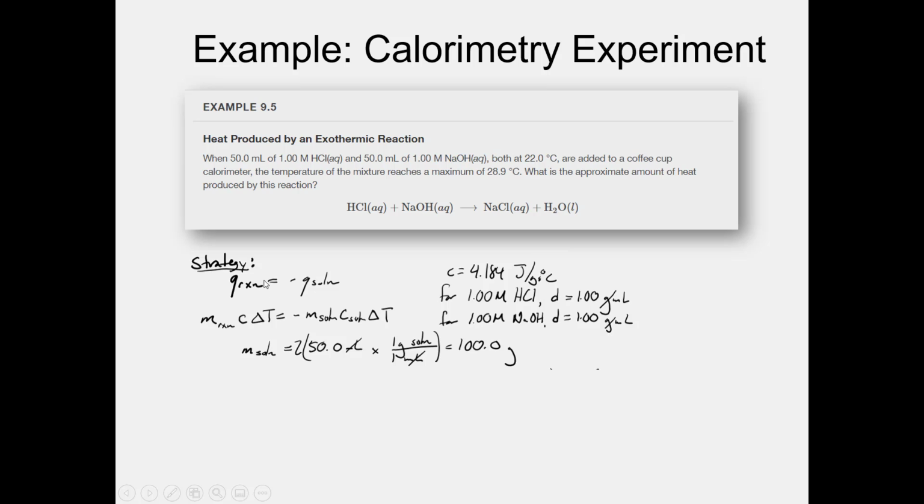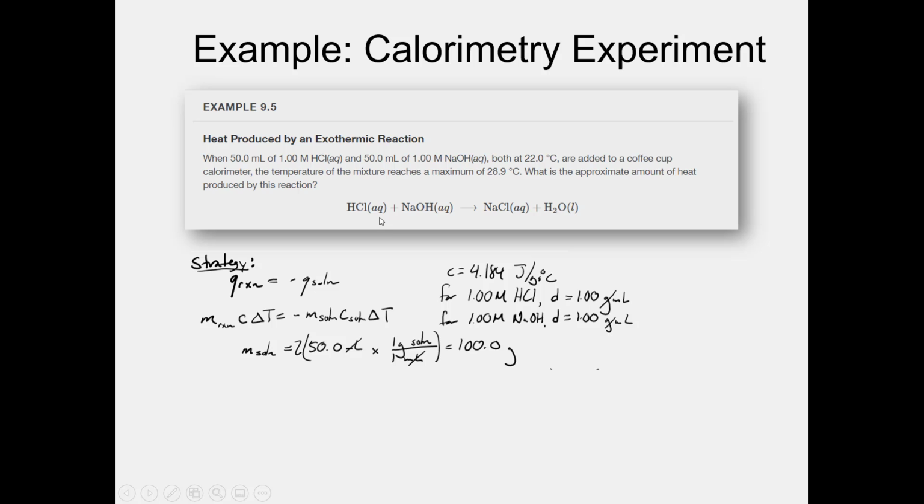So heat released by the reaction, q reaction, is equal to negative q solution, the heat that's going to be gained by the water. So we can write the overall statement for the heat flow as the mass of the reactants times the specific heat for the reactants times the temperature change of the reactants is equal to the negative mass of the solution times the specific heat of the solution times the temperature change for the solution.